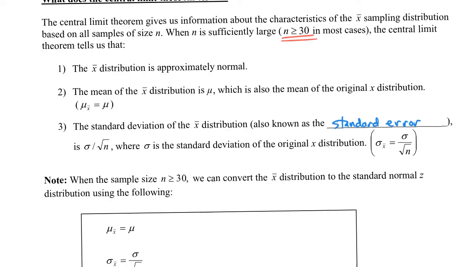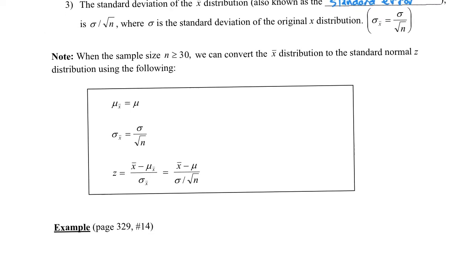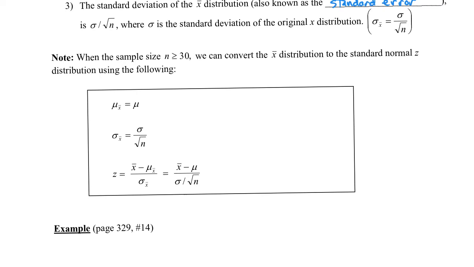And there's a little note here: when the sample size n is greater than or equal to 30, again our magic number, we can convert the X bar distribution to the standard normal Z distribution, using these Z-scores which we've seen before. We saw these in theorem 6.1. The central limit theorem is just less restrictive. It says it works for anything as long as we hit this magic number in our sample size.